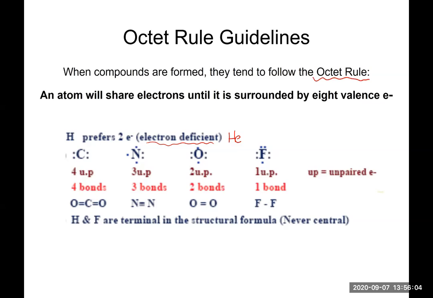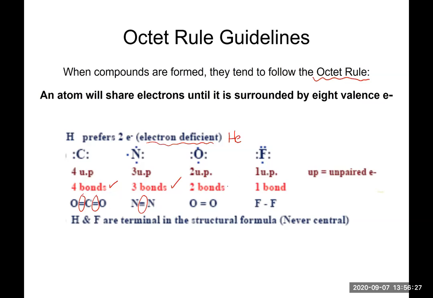Now again, carbon wants 4 bonds, and carbon can get 4 single bonds, or like in CO2, carbon could have 2 double bonds. Nitrogen wants 3 bonds. Now nitrogen can have 3 single bonds, or like you see here, nitrogen could have 1 triple bond.